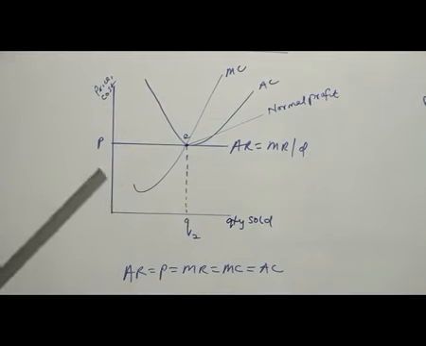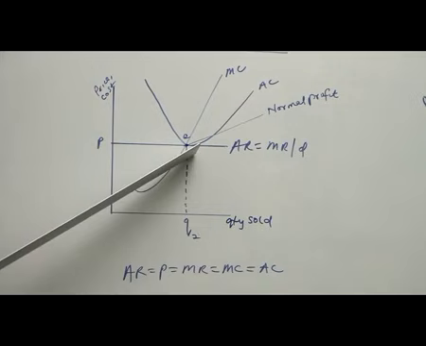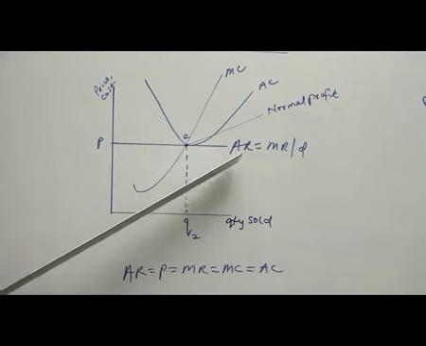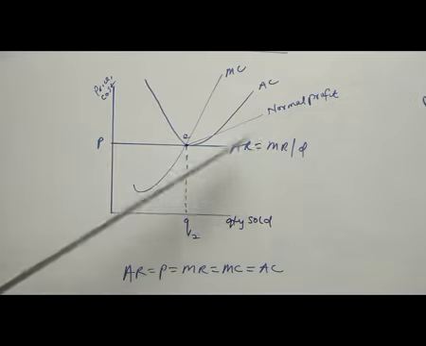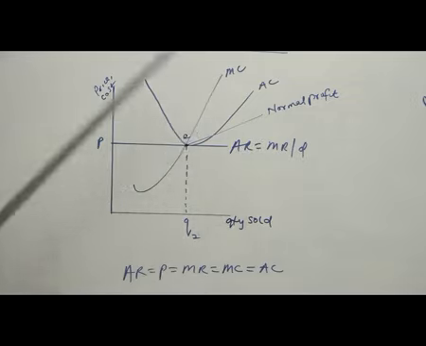You observe that we have the point E, and point E indicates that the price of the commodity per unit equals the average revenue of the firm, equals the marginal revenue of the firm. Not only that, also equal to marginal cost and average cost of the firm.